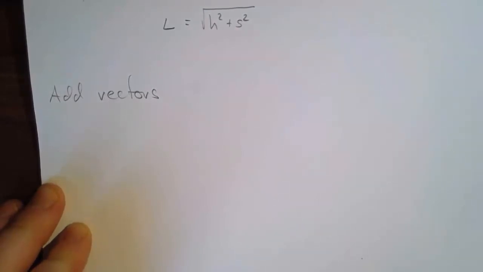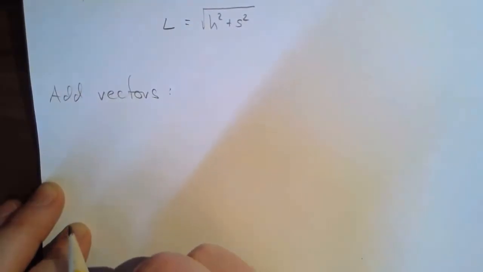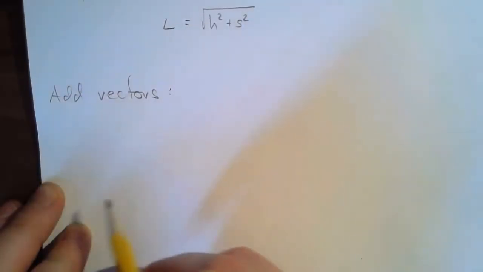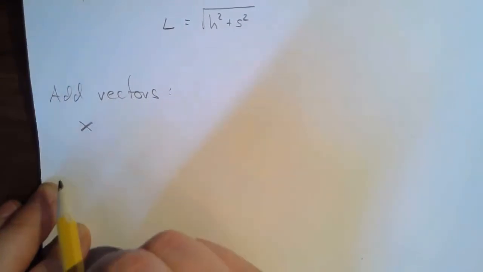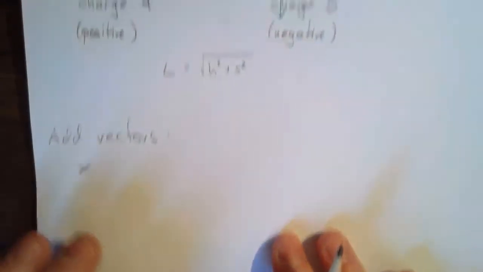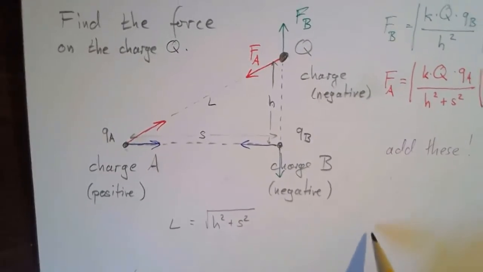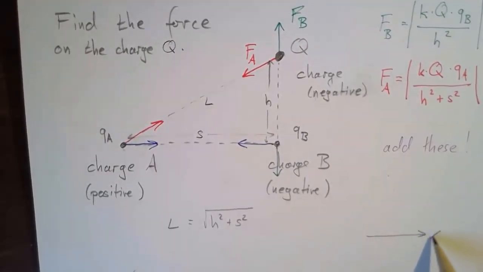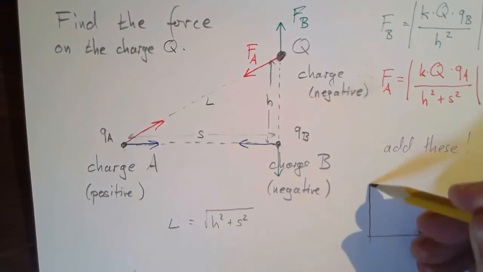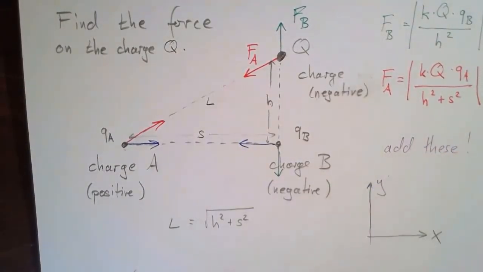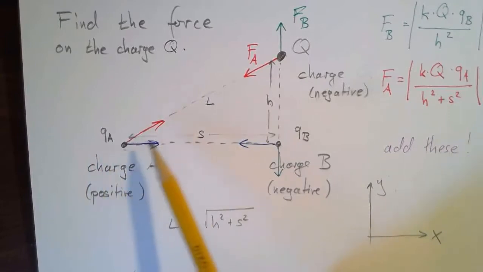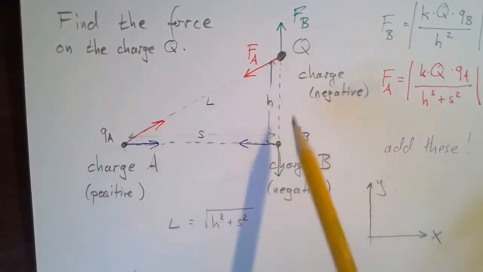The x component of one vector plus the x component of the second vector makes the x component of the resulting vector, of the total force. So let's add those individually. Let's go in the x direction first. Remember, our coordinate system is x this way, y this way, because it closely matches the directions that are relevant in the setup here.